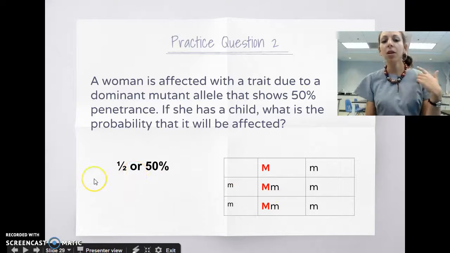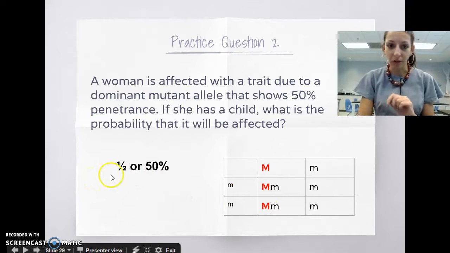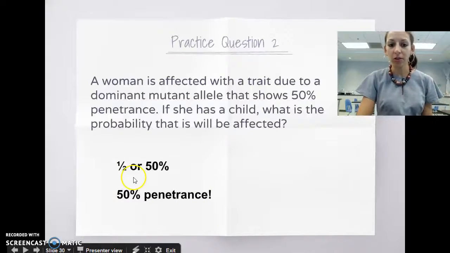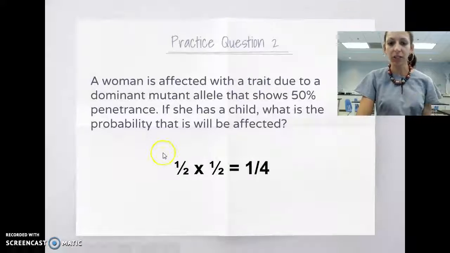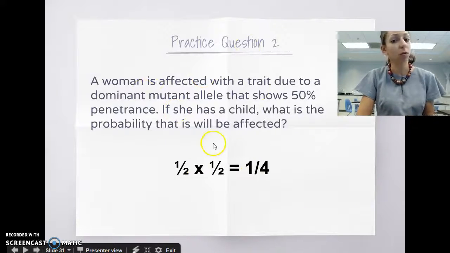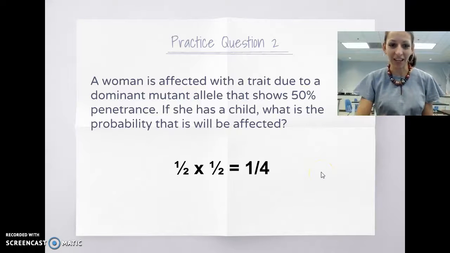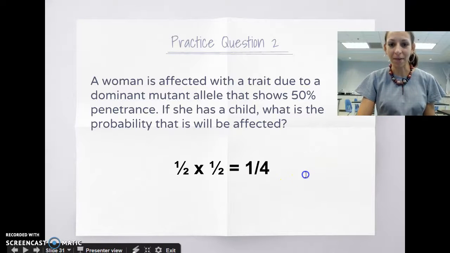But we have to remember that it's 50% penetrance. So when we're doing this, remember we multiply our probabilities by each other. So if there's 50% penetrance, we have to multiply our 50% chance of giving this to the child by the 50% penetrance. So 1/2 times 1/2 equals 1/4. There's a 1/4 chance, or 1 in 4 chance, or a 25% chance that the child will be affected.